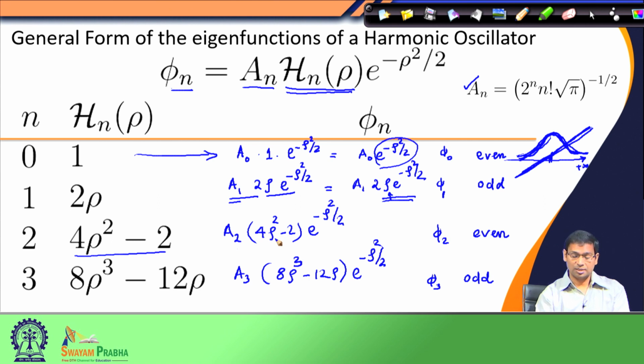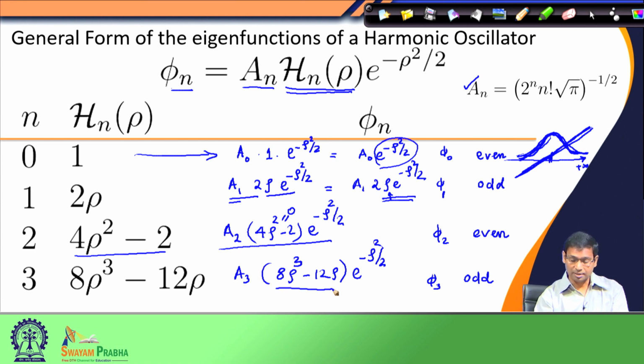Come here, look at this phi 2 form, e to the power minus rho square by 2, this is a Gaussian function. Now, I have to multiply this with a polynomial which is 4 rho square minus 2. I can see where this 4 rho square minus 2 becomes 0. So, if I find out the values of rho where this function will become 0, then I would know at what values of rho I will have the nodes in these wave functions.